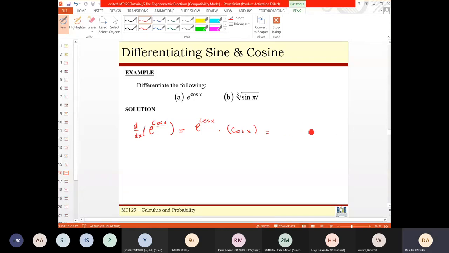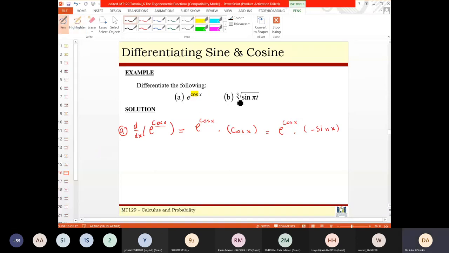It's minus sine. So it will be e to the power cosine x multiplied with minus sine x. I put it in a bracket so I don't get confused. And this is the solution of A. The derivative of the exponential is itself, and I multiply with the derivative of the power.